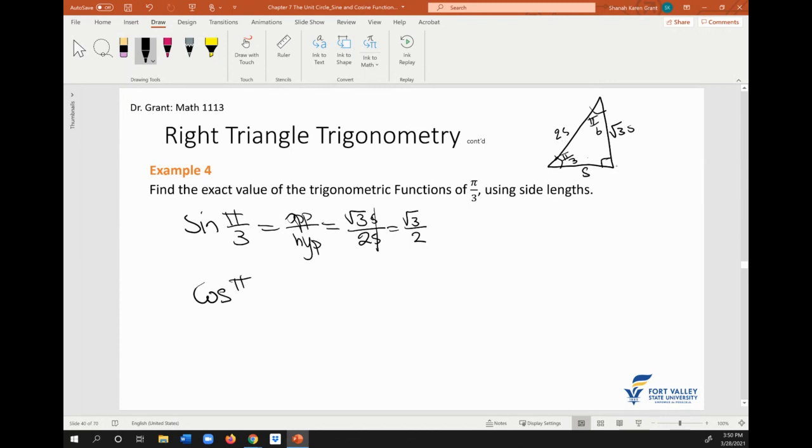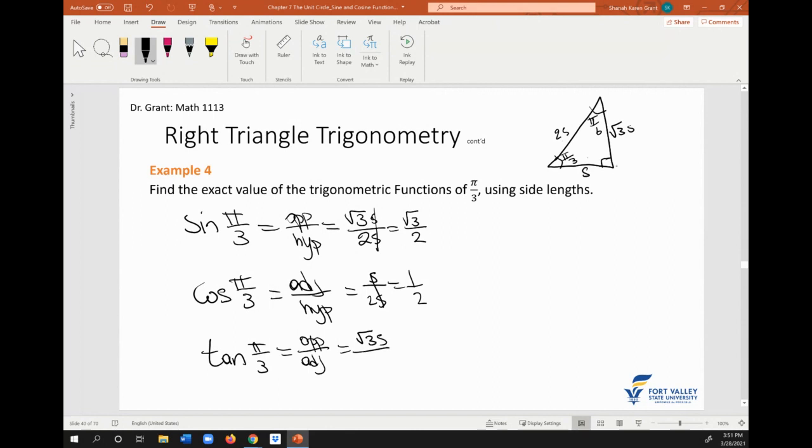Cosine of pi over 3 is going to be adjacent over hypotenuse. My adjacent side is S over 2S, which cancels, and that's going to give me 1/2. Then I'm going to look at tan of pi over 3, which is opposite over adjacent, which is equal to root 3 S over S. The S's cancel, so I'll get root 3.